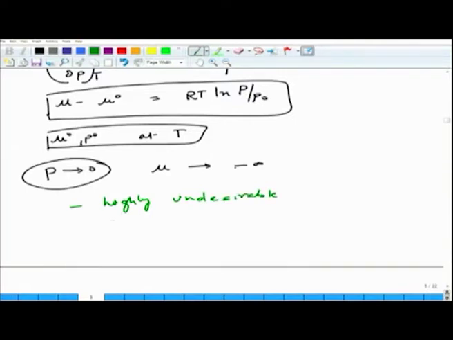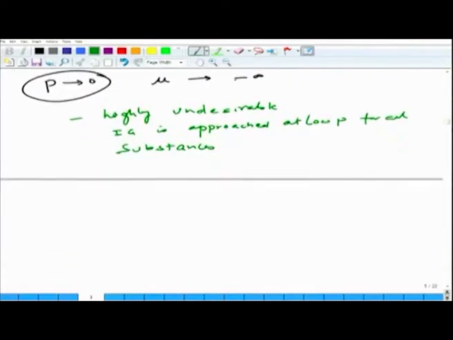The reason is that the ideal gas is approached at low pressure for all substances, and this expression of the chemical potential is key to the thermodynamic analysis. So, how do you avoid this logarithmic divergence of chemical potential at low pressure?